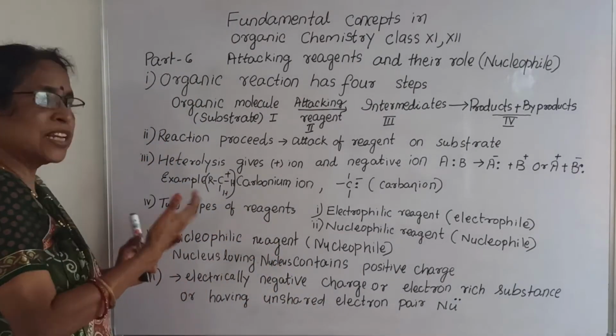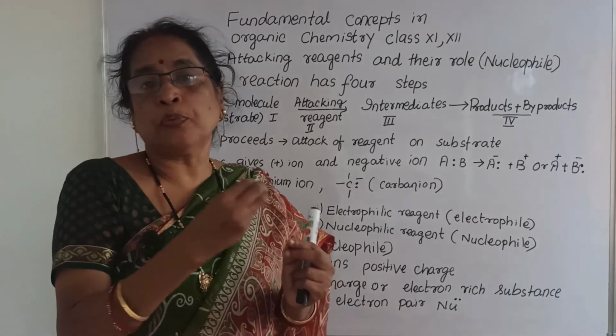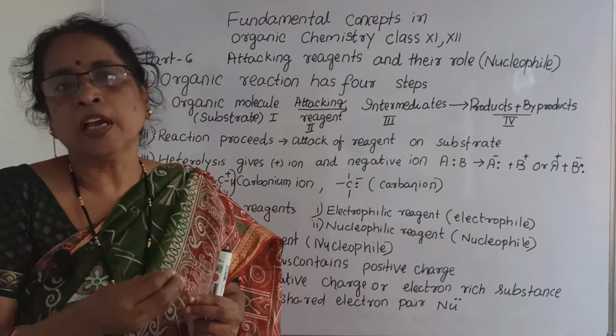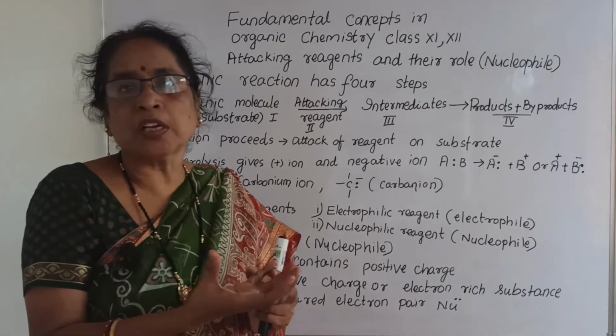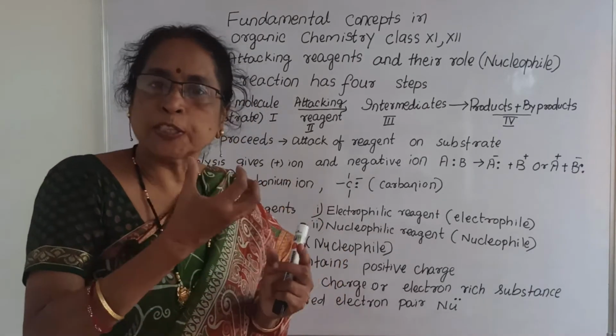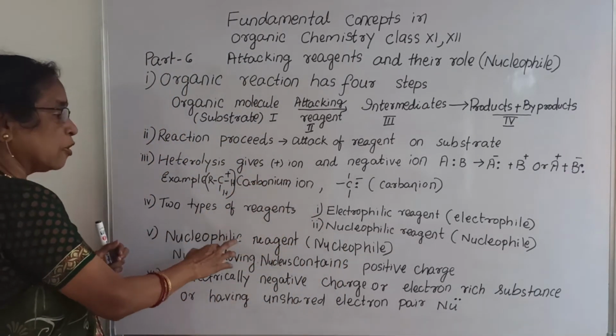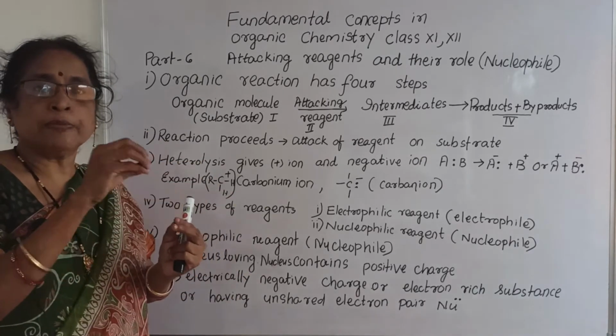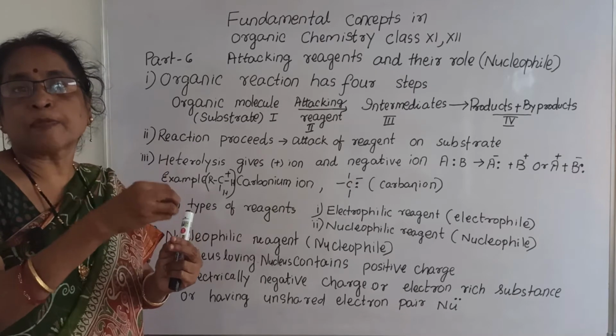See, what is a nucleophile? Phile means loving, nucleo means nucleus: nucleus loving. What is the nucleus? The nucleus contains positive charge. So nucleus loving means positive loving. Who will attract positive charge?